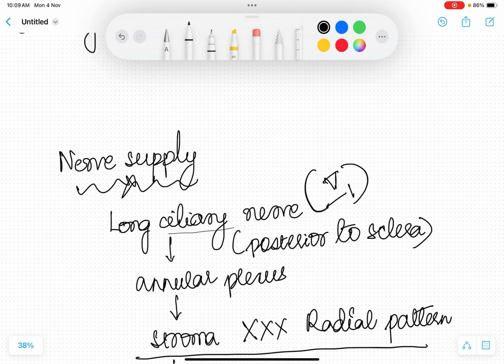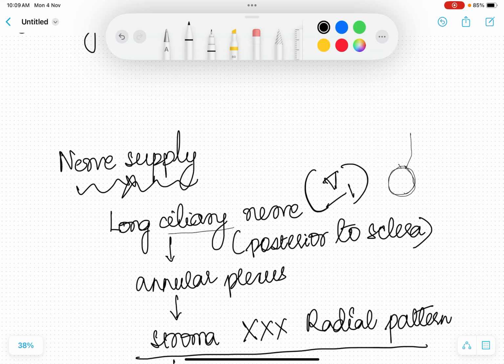Now this long ciliary nerve is a branch of the nasociliary nerve, which in turn is a branch of the ophthalmic division of trigeminal. So this nerve pierces the perichoroidal space and enters posterior to the sclera, and now it reaches the cornea.